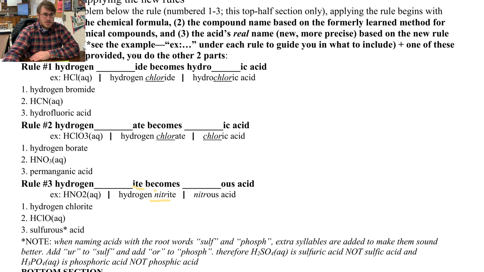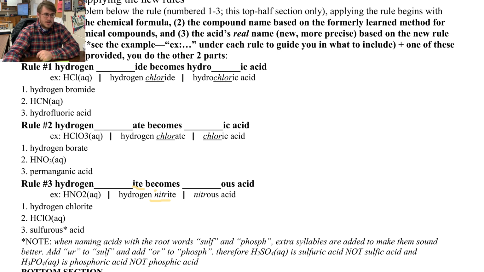So nitr carries over, so it becomes nitrous acid. Cool. Let's look at the first one together here. This is hydrogen chlorite. That's HClO2 as the formula. And the way we'd name it, hydrogen chlorite becomes chlorous acid.